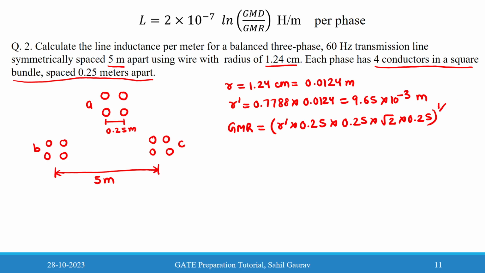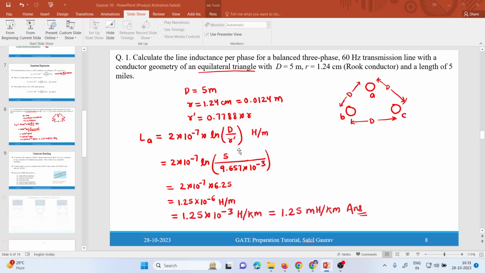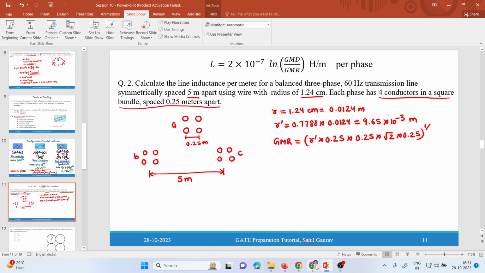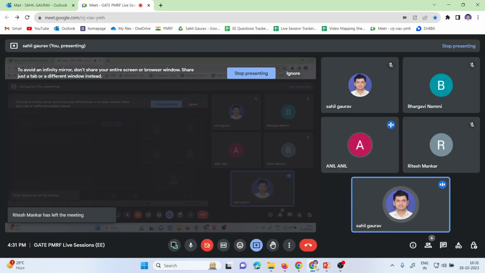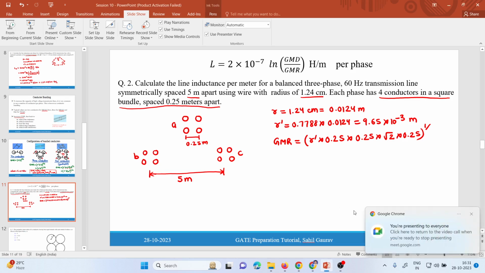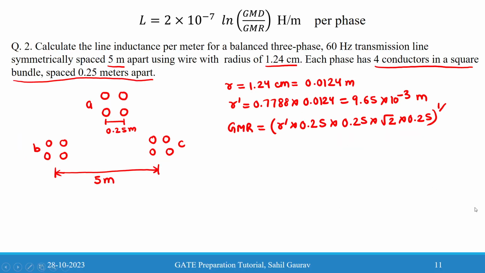Can anyone tell how much I should write? 1 divided by 3 or 4? 1/3, sir. Yes, sir, 1/3.